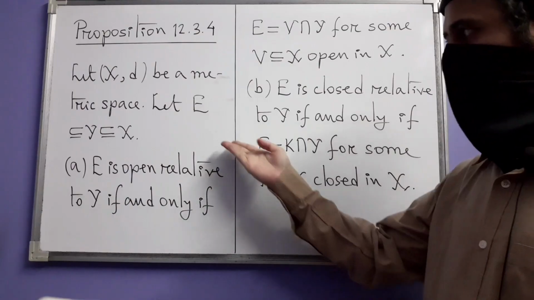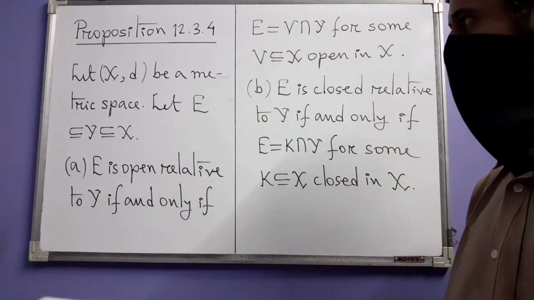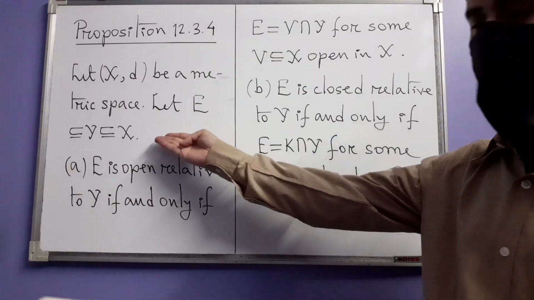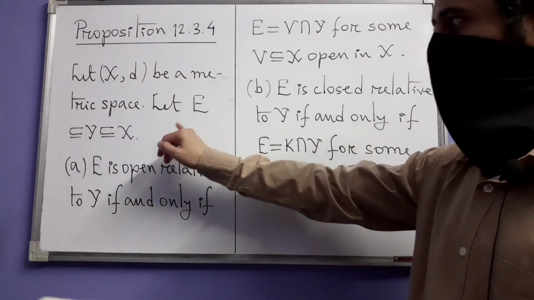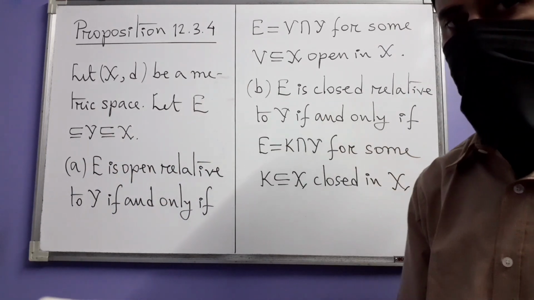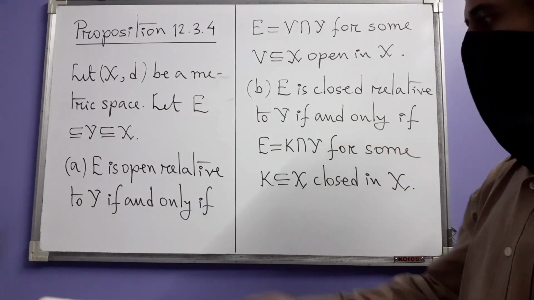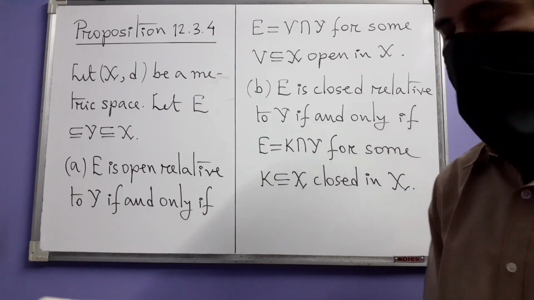And yes, of course, we have a result, and that is this proposition 12.3.4. And again, the setup is the same. You have a metric space (X, D) in which there is a subset Y, and inside Y there is a subset E.